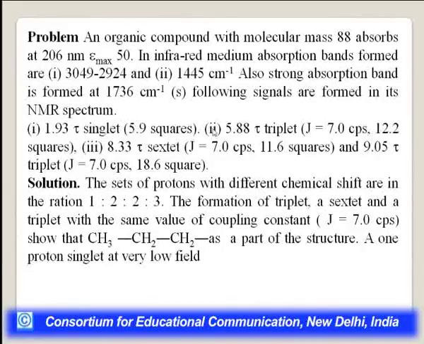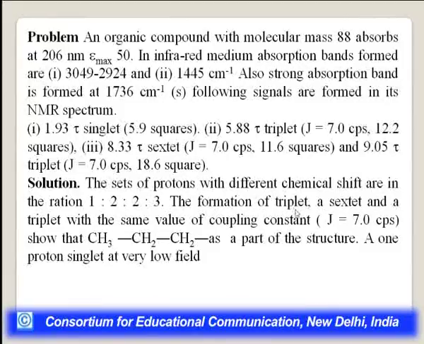These are the signals observed in the NMR spectrum: 1.93 tau singlet, 5.88 triplet, 8.33 sextet, 9.05 triplet. As far as these values are concerned, we can calculate the ratio of protons, that is 1:2:2:3.